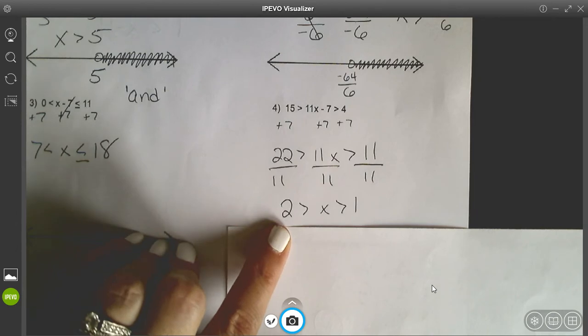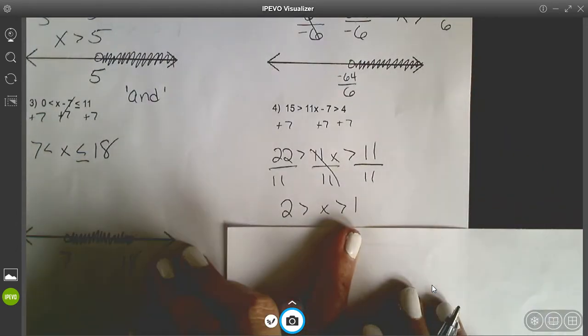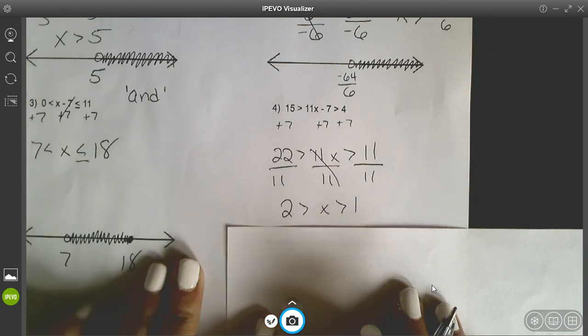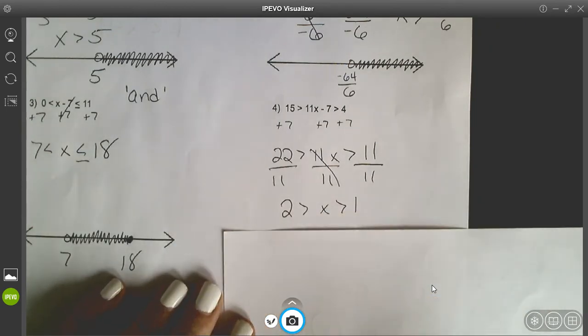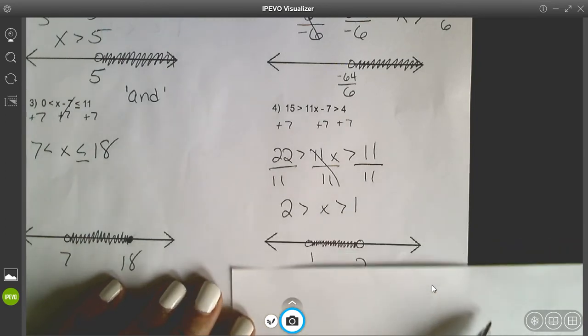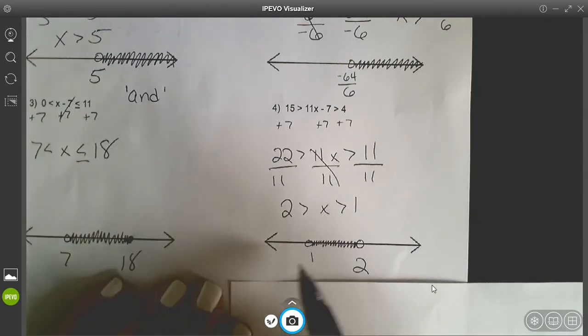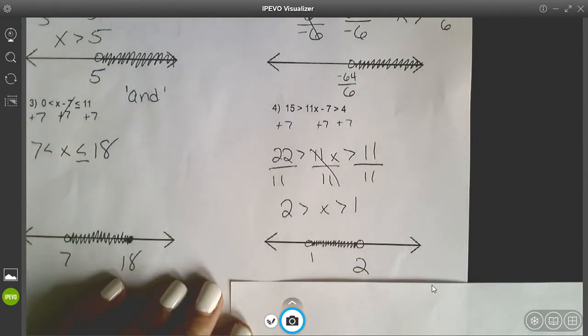So I get 2, because 22 divided by 11, and then these 11s cancel, and then 11 divided by 11 is 1. And then these two numbers are both open circles because of the inequality symbols. And then remember, if the x is sandwiched in the and statement, you shade in between. So I shade in between 1 and 2.